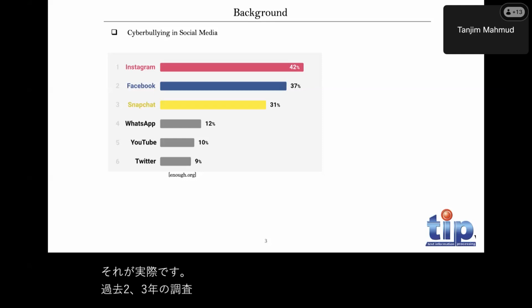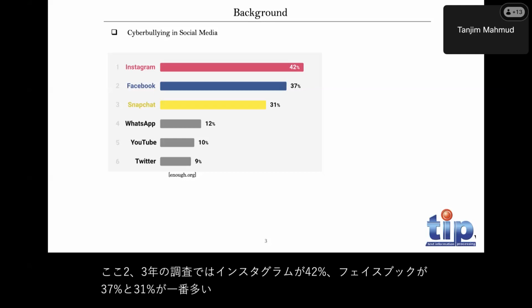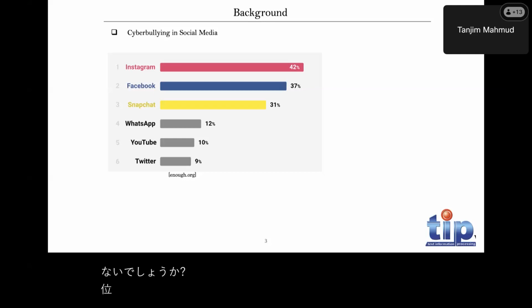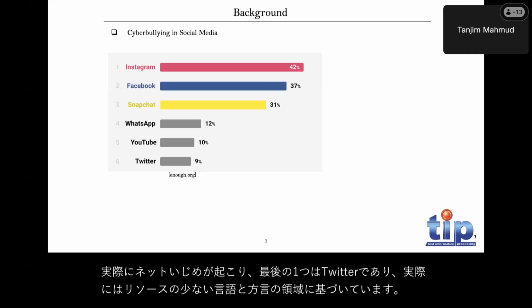Instagram is at 42%, Facebook 37%, Snapchat 31%, the top ranks where cyberbullying happens. And the last one is Twitter. And that one is actually based on the low resource languages and dialect area.